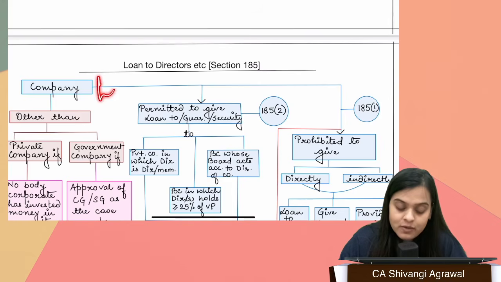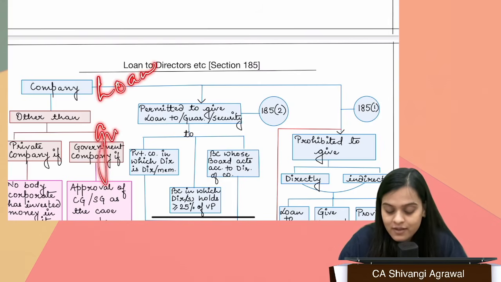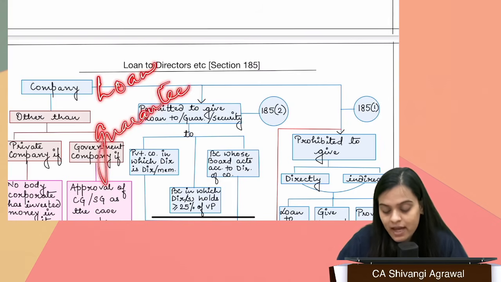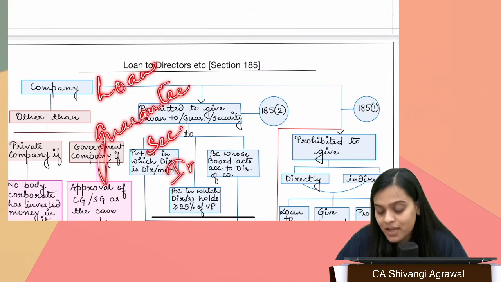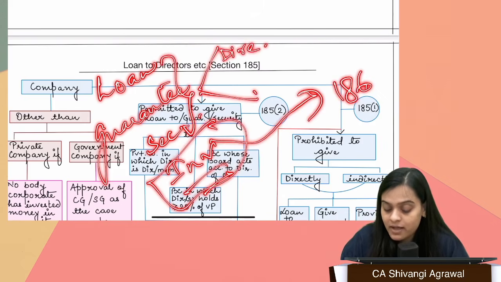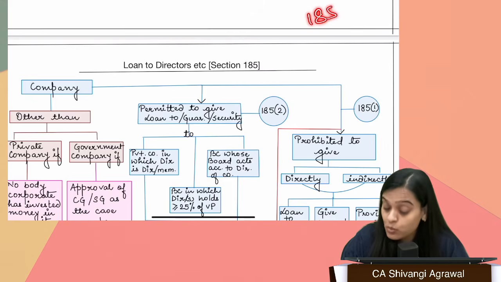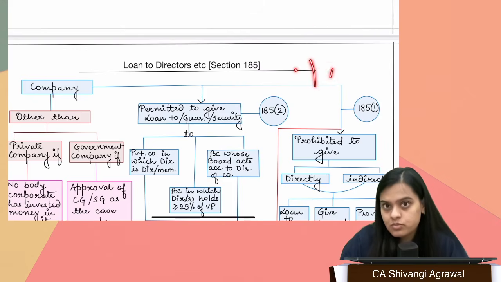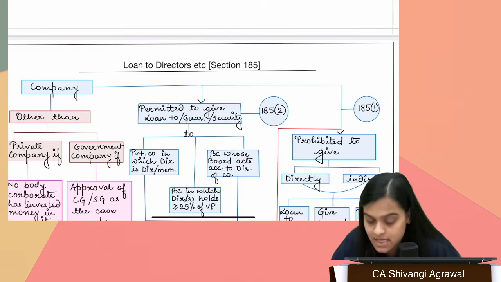What is LGSI? We have loan, we have guarantee, we have security, and we have investment, right? Now, investment we read only in section 186, but loan, guarantee, and security to the directors or some related entities is what we read in section 185, and to others we read in section 186, right?